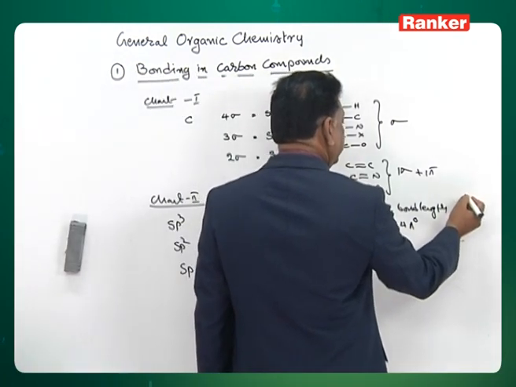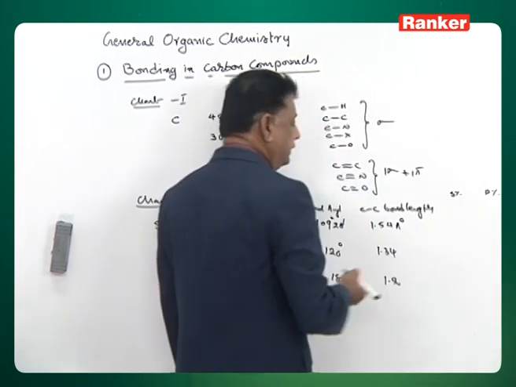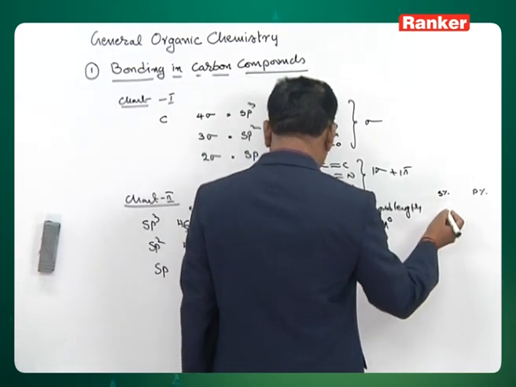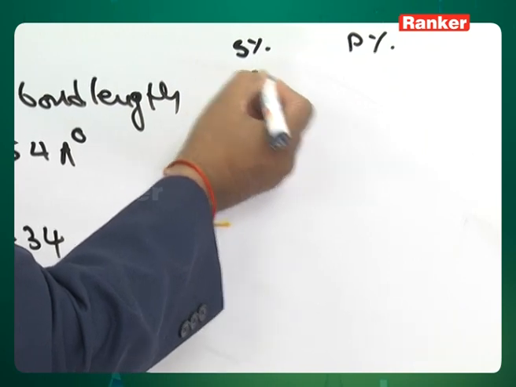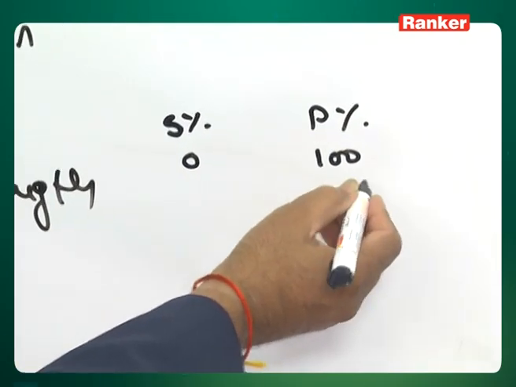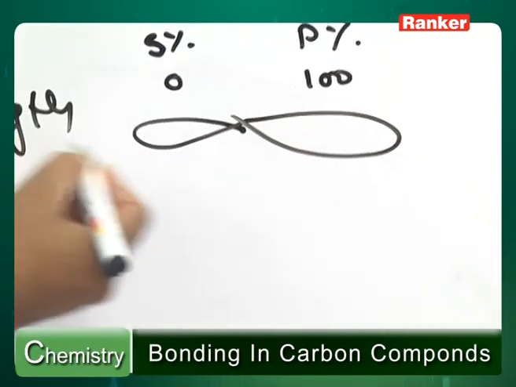Let us say an example, if the S character and the P character you show symbolically, if S character is 0, P character is 100, then the orbital shape will definitely be 100% P orbital.